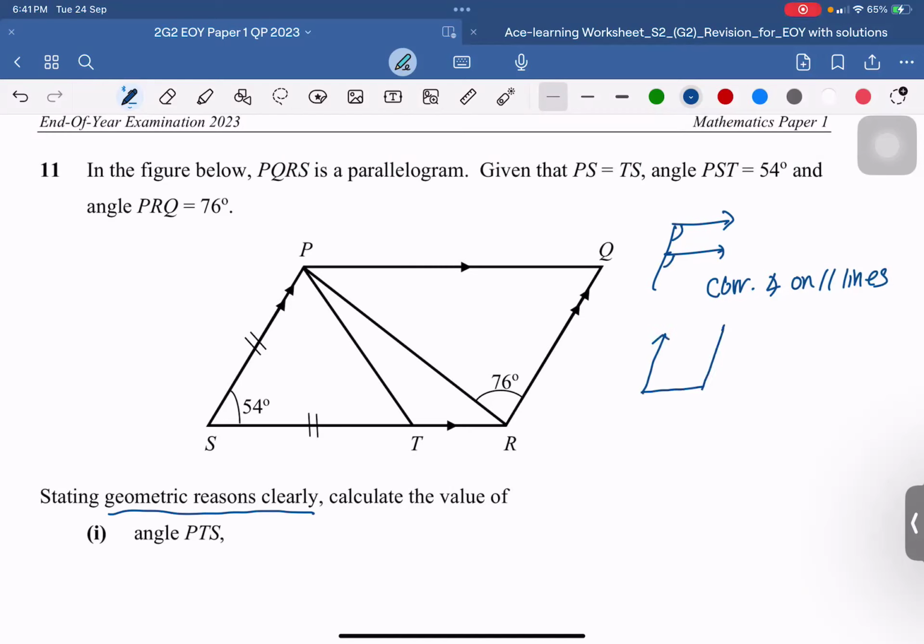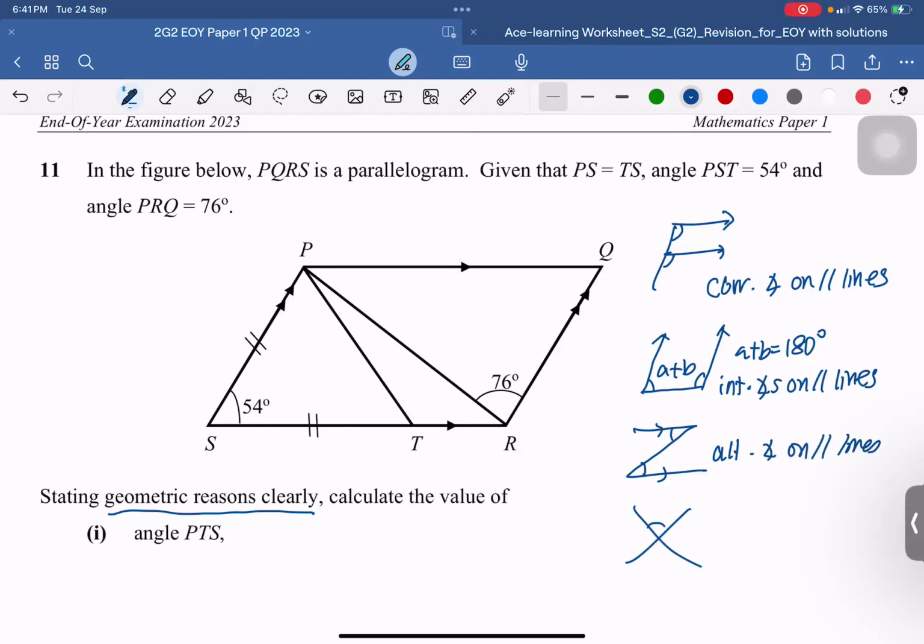U, interior angles. A plus B equals how much? 180. This is called interior angles on parallel lines, so you must know. Next letter: alternate angles on parallel lines, they are equal. Last but not least, vertically opposite angles.